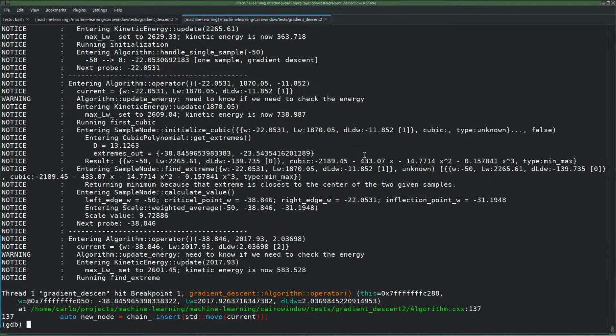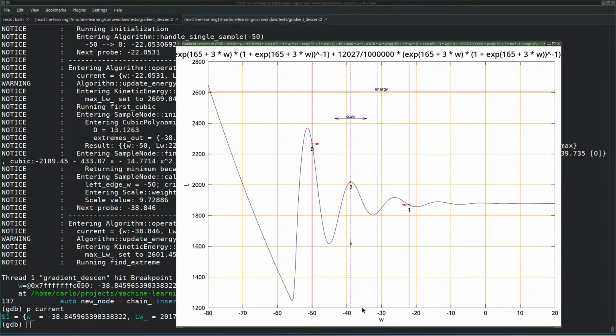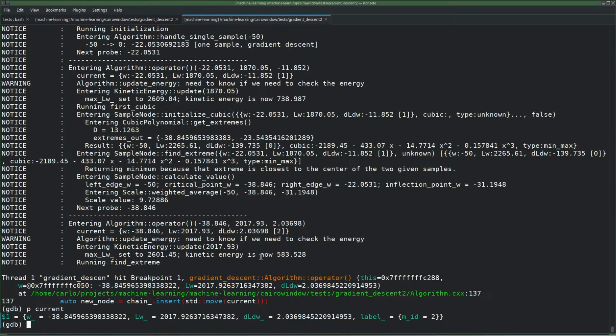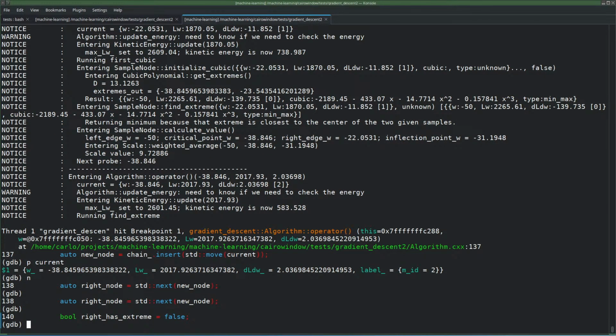So we get a new point, current, at minus 38.8. So that's our new point here, 0.2, added to the chain. The right node is obviously 0.1, yeah?